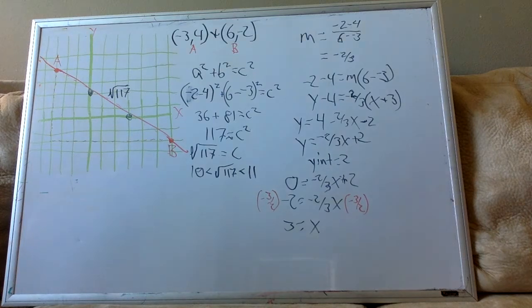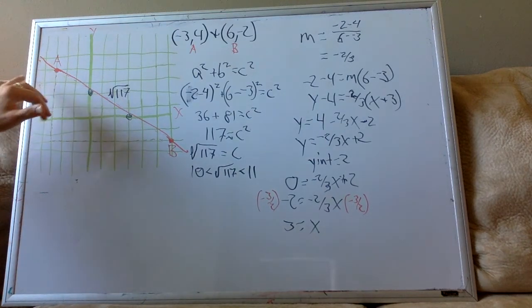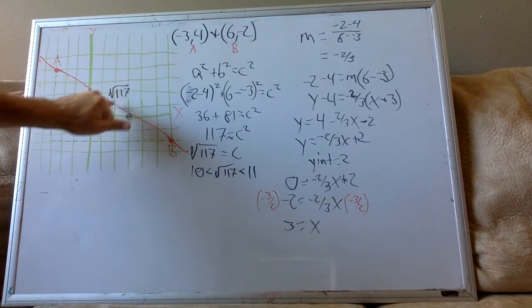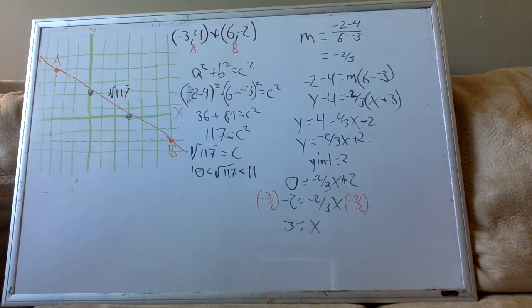All right, so we've done slope and distance and equations. That gives us quite a ways. The next thing that we can talk about is the midpoint. So between A and B, what's the midpoint? Well, we can guess that it's probably somewhere in this range here.